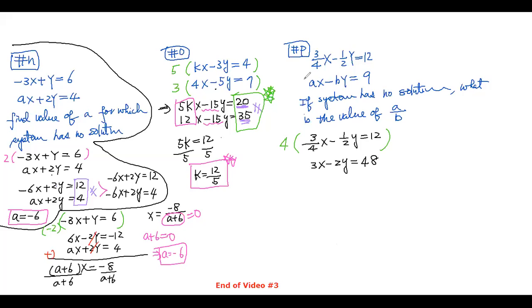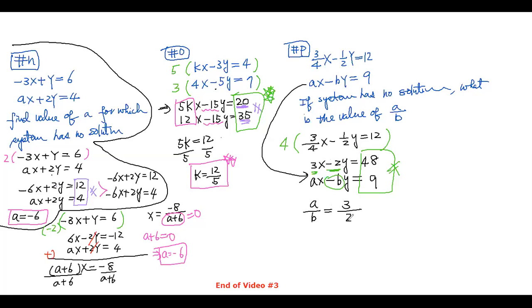Now you compare, you put your second equation here, ax minus by equal to 9. Okay, so first thing you see, 48 and 9 are not equal. Now here, the 3x minus 2y has a negative sign. So that's pretty good. So I know a has to be some constant times 3, right? So that's why a over b: if you compare, a could be 3 and b could be 2, right?